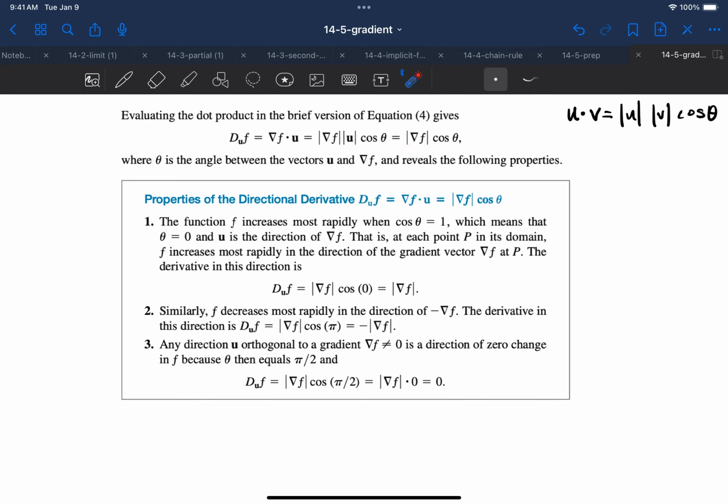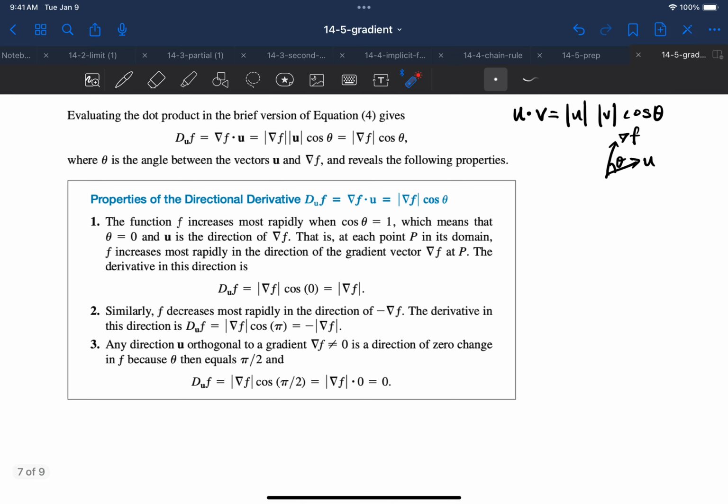If you want to maximize, we know the mountain itself is something you can't control. But theta forms the angle between, so suppose this is the direction you're moving along, and this is gradient f. So u is your step direction, your moving direction, which you can control in whichever way you want. And theta is this angle between these two vectors.